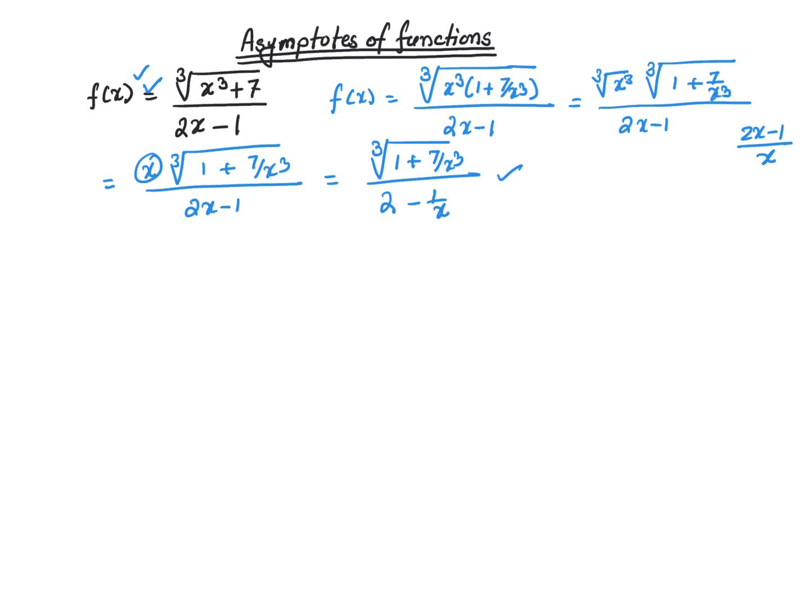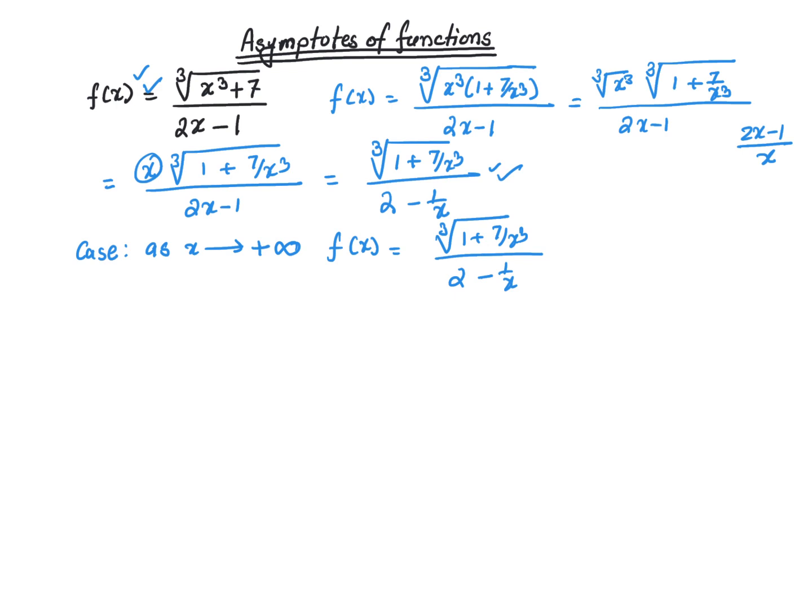So let's consider case 1, as x approaches positive infinity. What happens to f of x? I'm going to just write f of x is equal to cube root of 1 plus 7 over x cubed divided by 2 minus 1 over x.